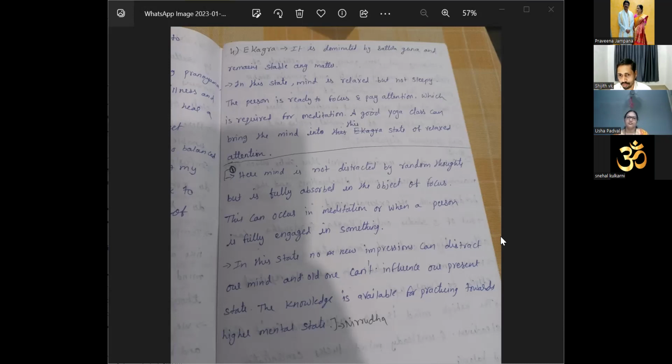Even on a small thing you can focus, you will be in a very concentrated or focused state, and the mind is relaxed, the body is relaxed, everything is in a relaxed state. This is called ekagra mind or one pointed mind. Clear with this?